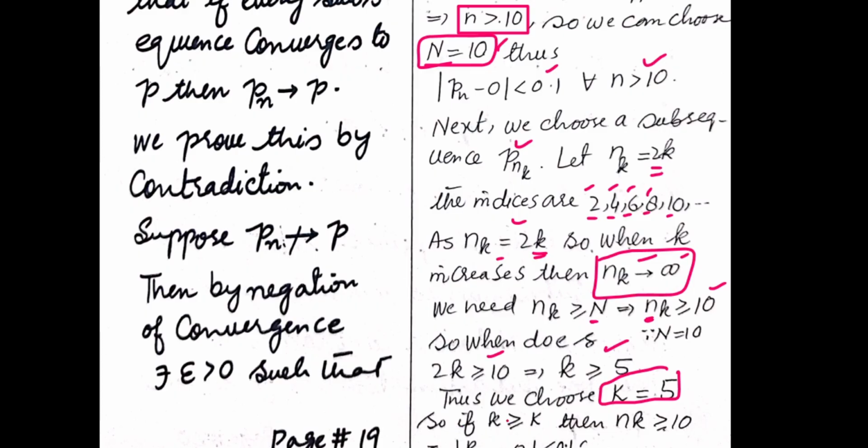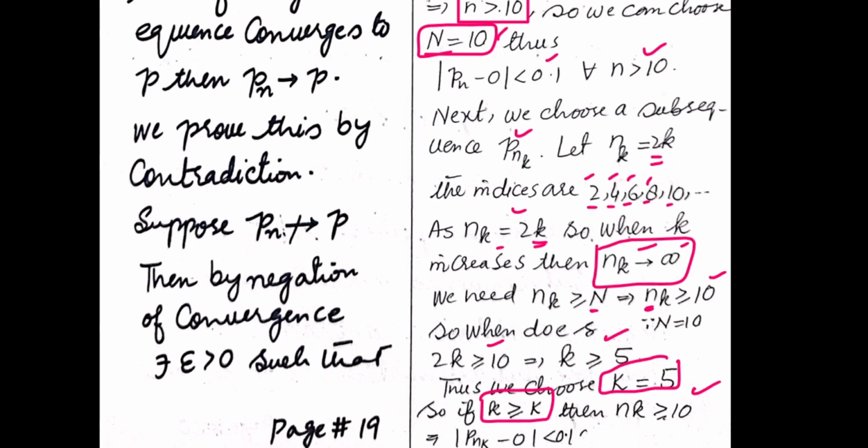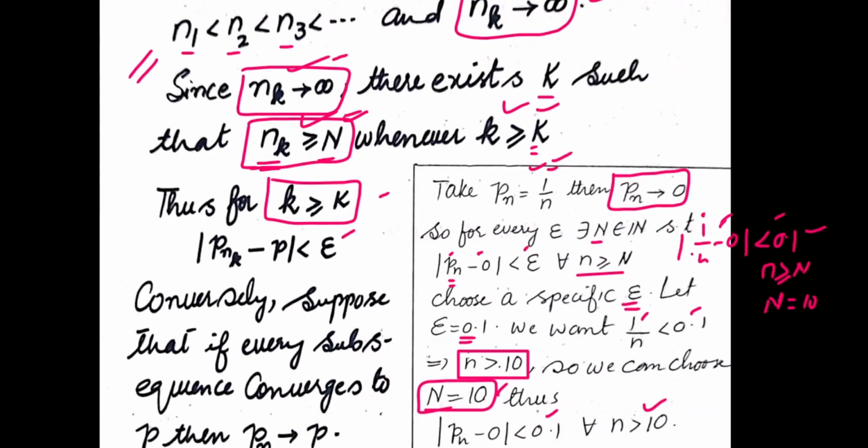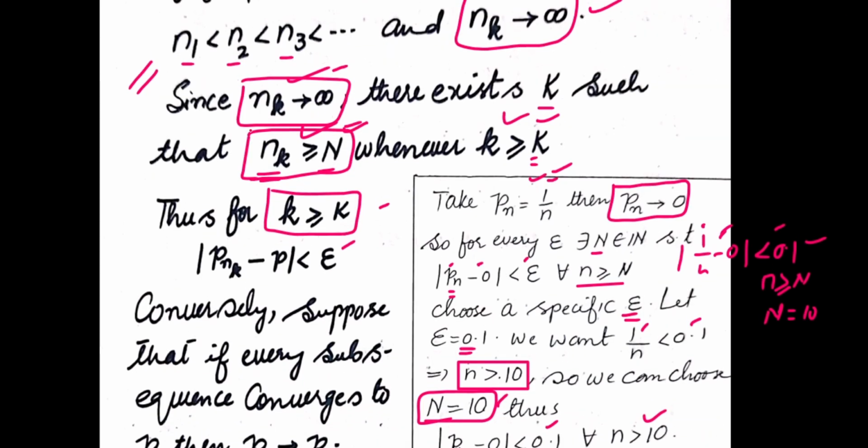So if small k is greater than or equal to capital K, then nk is greater than or equal to 10, and we have |p_nk minus 0| is always less than 0.1. So in this example, the first thing is that your nk always approaches infinity. In this case we can find a k after some stages.